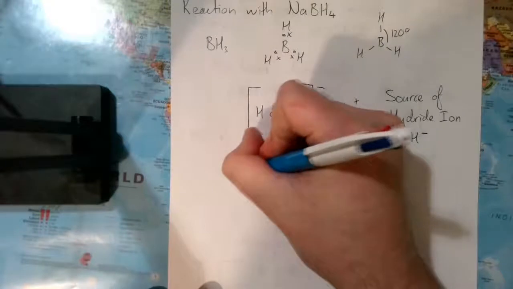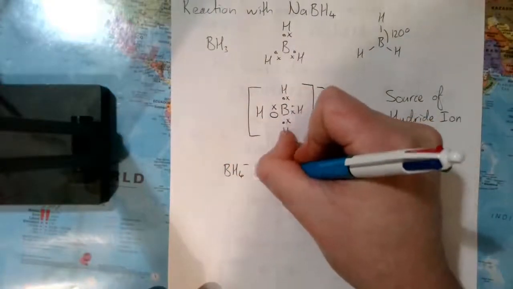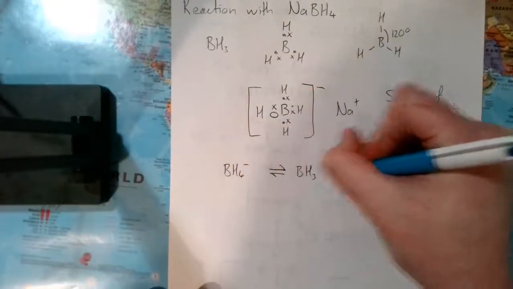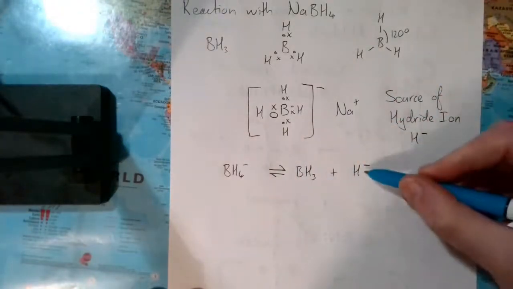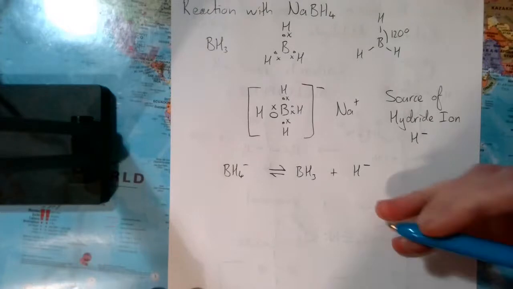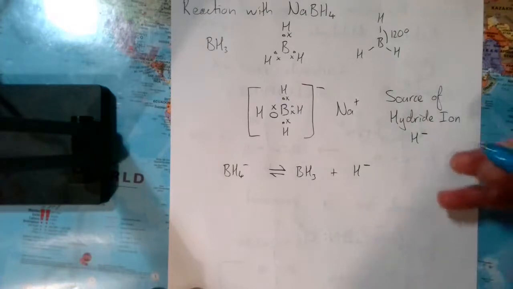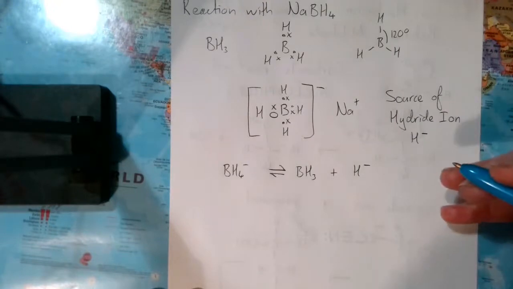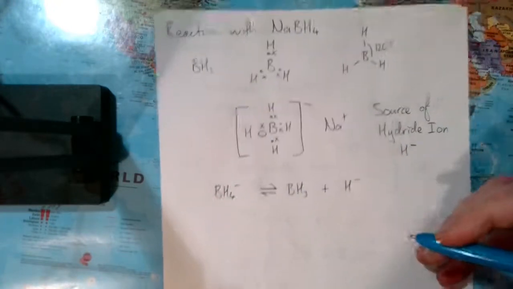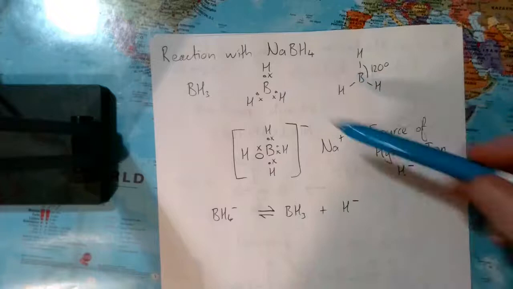So it's BH4 minus splitting into BH3 and H minus, and this is something that just goes against everything that you have learned before, because you're used to seeing H plus, and that's where you've really got to be careful with this. Everything that you've done, you will think, oh yeah, this is the hydrogen, it's H plus.